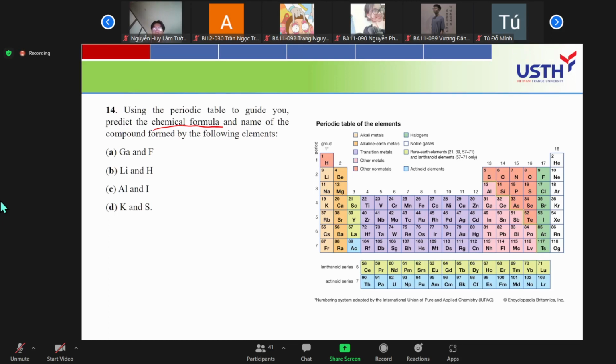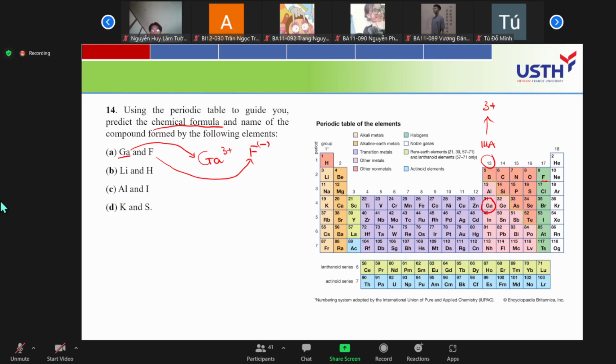For example, gallium stays in group 3A, so it prefers to form 3+, so you get gallium 3+. Fluoride stays in group 7A, so fluoride prefers to form an ion of fluoride minus.